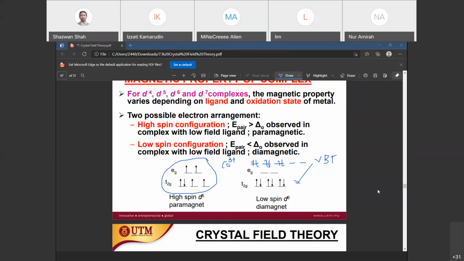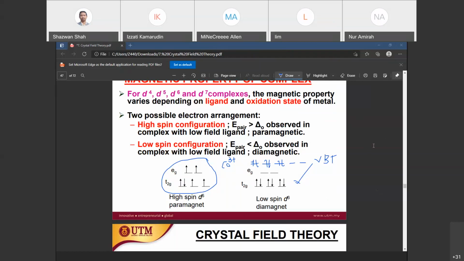What is the difference between the d orbital splitting diagram and the crystal field orbital energy level diagram? Actually, it is the same. It's just that the d orbital splitting diagram is more general, and the crystal field orbital energy level diagram is more specific.